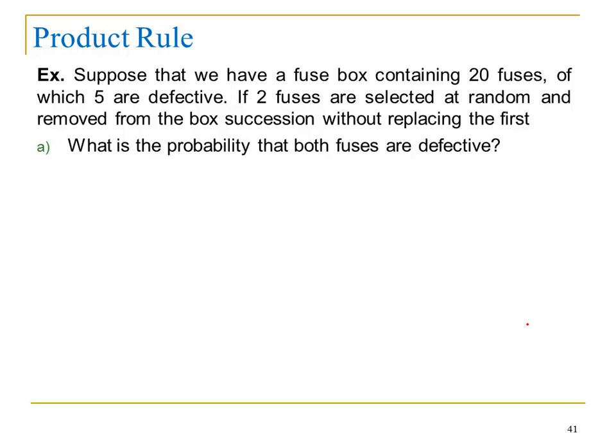Correct. So now it's not straightforward because we don't know if the first one was defective or not. So we need to take into account that event in order to compute the probability of the second one. The probability of the first fuse being defective equals the probability of A, which is 5/20, and this is 1/4.